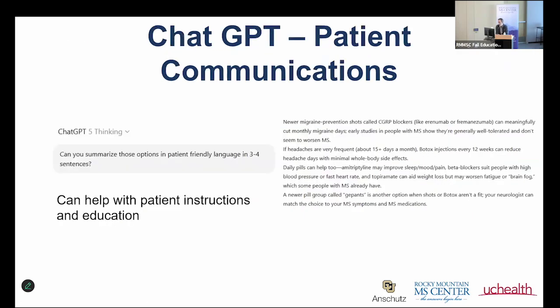And then I think another area that is really relevant to the clinic is how do we use AI to help with patient communications. So again, with our query on the left, back to the migraines, I wrote, can you summarize these options in patient-friendly language in just a few sentences?